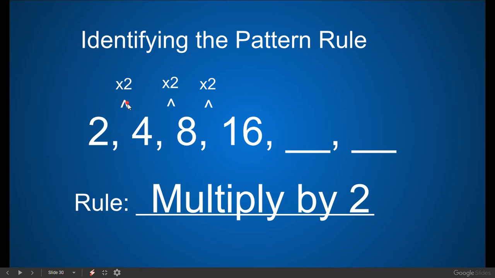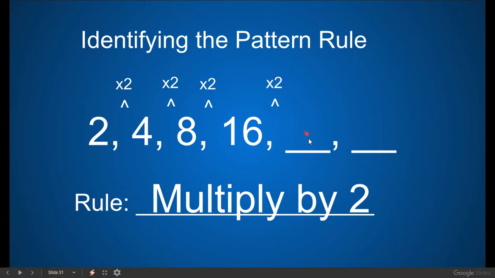I want to make sure that I put my carets up there so I can make sure that the same thing is happening to each number. And once I see that the same thing is happening to each number, I know that's my rule, and I know that I can multiply any number in my pattern by 2 to get my next number in the pattern.